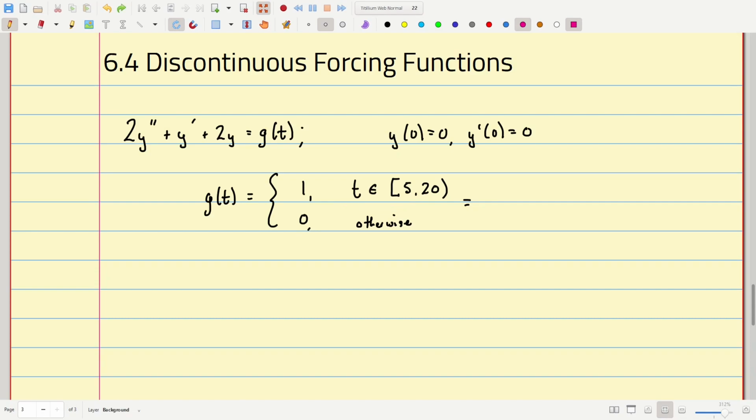And then it turns on and steps up from 0 to 1 on this interval. And at the end of this interval, it steps down. Following along with what we talked about earlier, the representation of that is u5(t) minus u20(t).